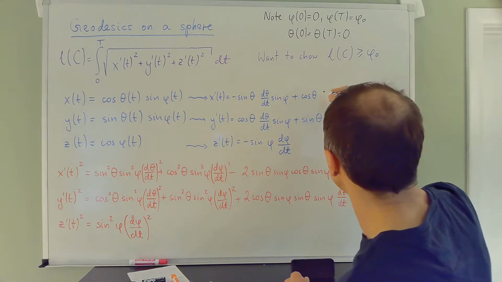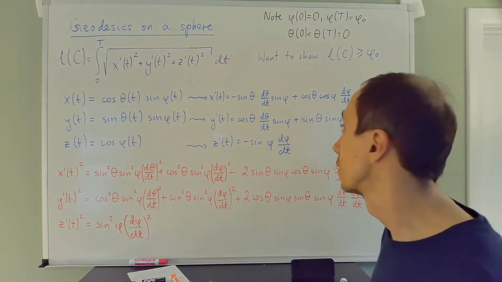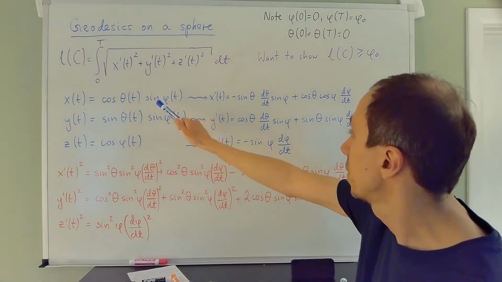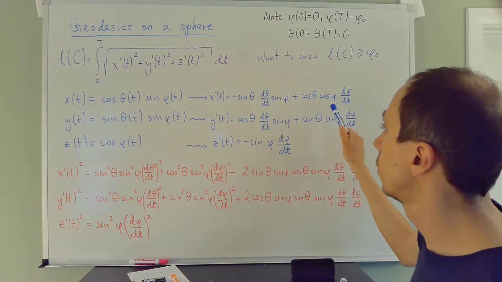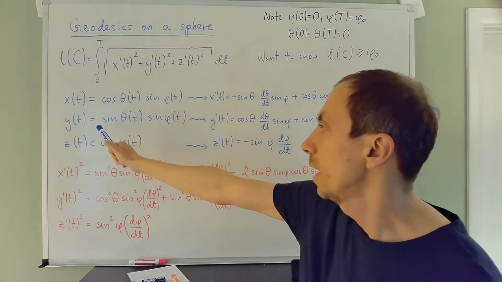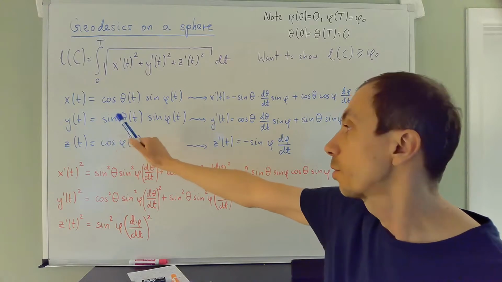Even if you do calculations beforehand, you make mistakes. I make mistakes. Okay, so the derivative of sine is cosine, so that's cosine theta cosine phi d phi over dt. Okay, we do now the same thing with the y function, so let's check that this is now correct.